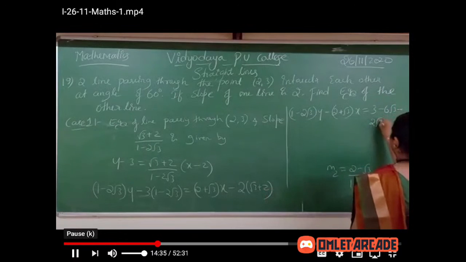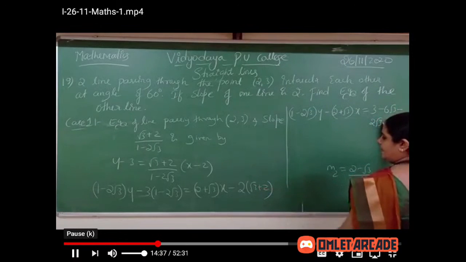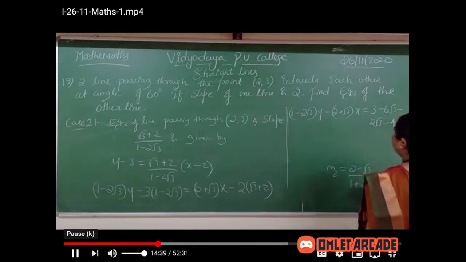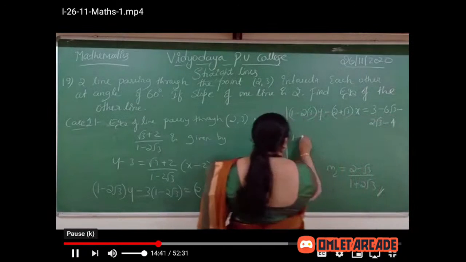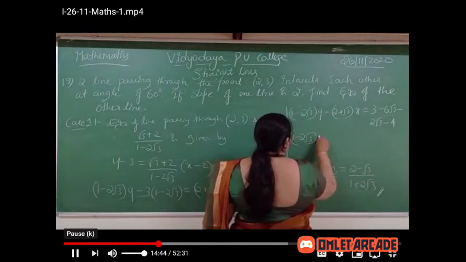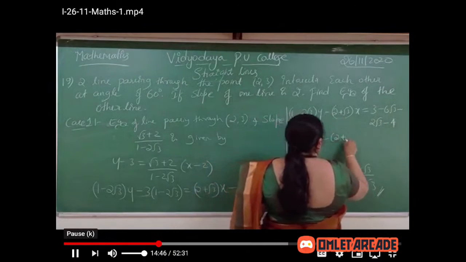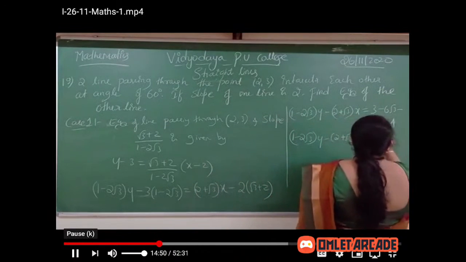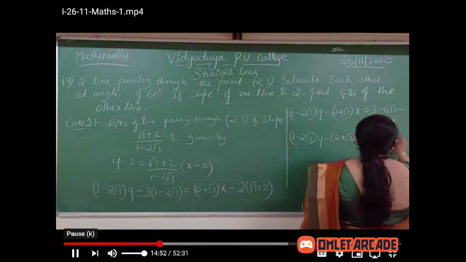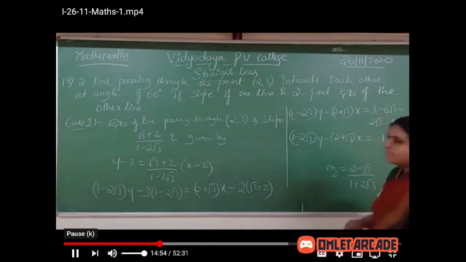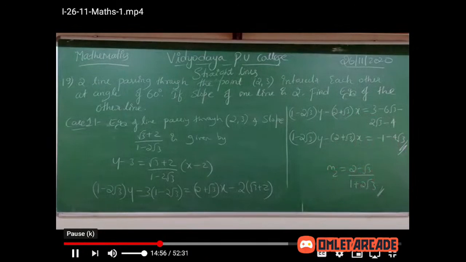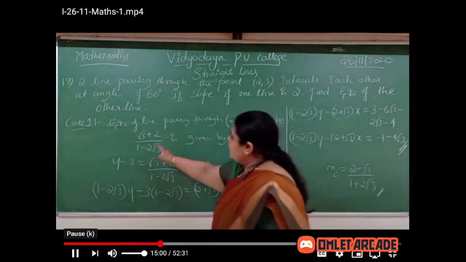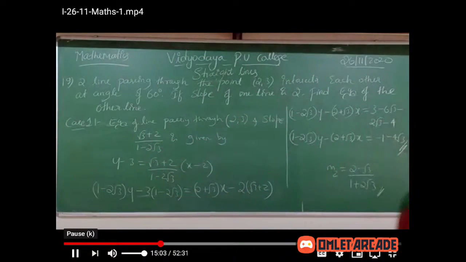This will be minus 2 root 3 and minus 4. So the equation is 1 minus 2 root 3 y minus 2 plus root 3 x is equal to, this will be minus 1 minus 4 root 3. This is the equation of the line when the slope is what? root 3 plus 2 divided by 1 minus 2 root 3.